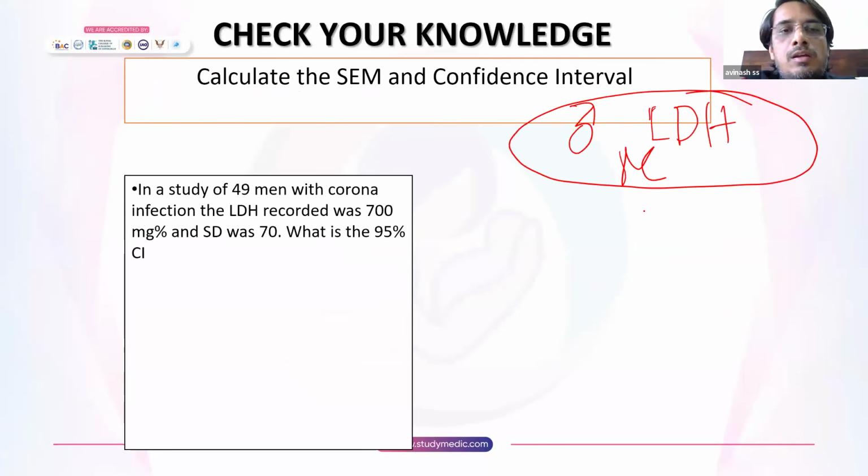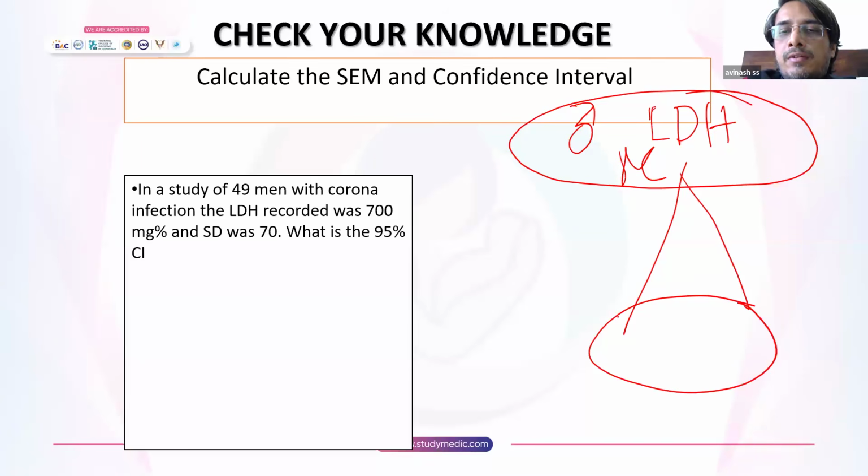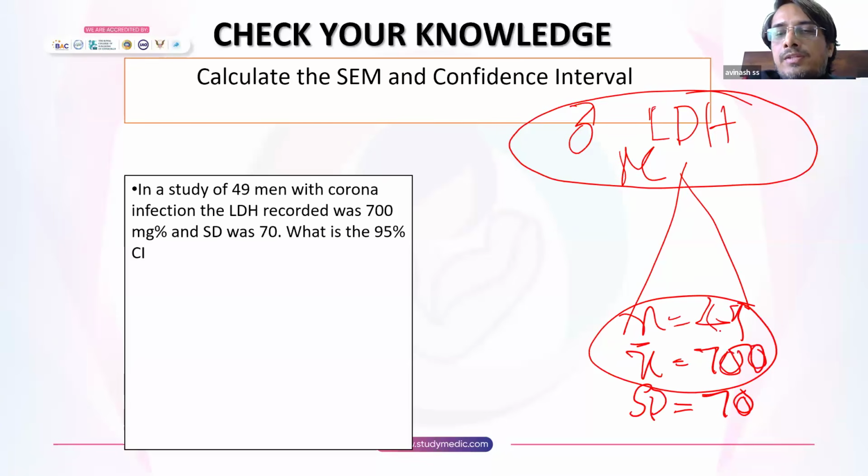Since we cannot include everyone in the population, we took a sample size of 49 and estimated the mean LDH, which is around 700. The standard deviation in the sample was around 70, so a lot of variation is there in the sample.